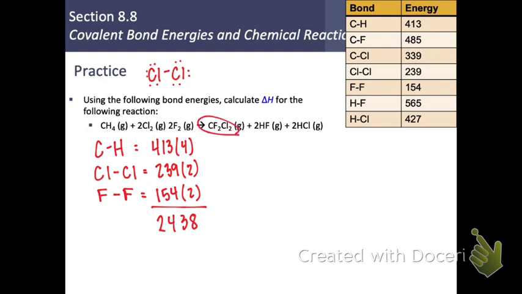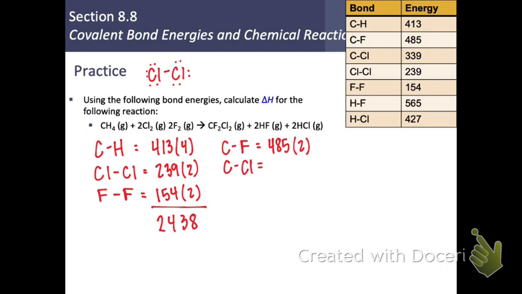On the product side, can you envision what that molecule looks like? CF2Cl2? What do you think? It'd just be tetrahedral, right? So we would have carbon to fluorine bonds. And how many of those bonds would we have? We would have 2 of them.